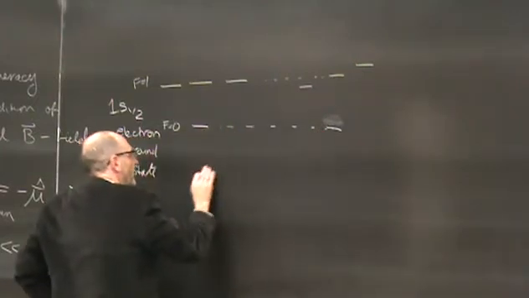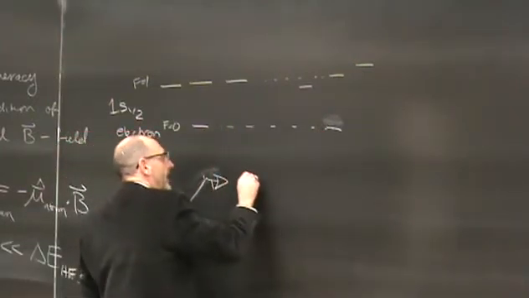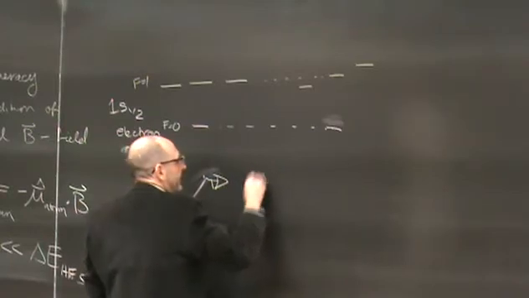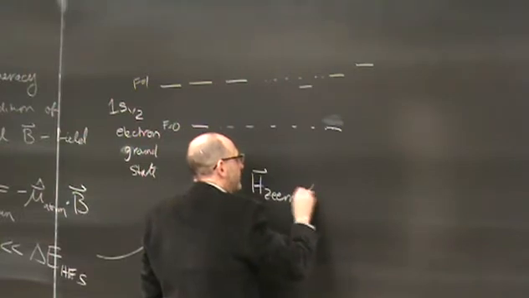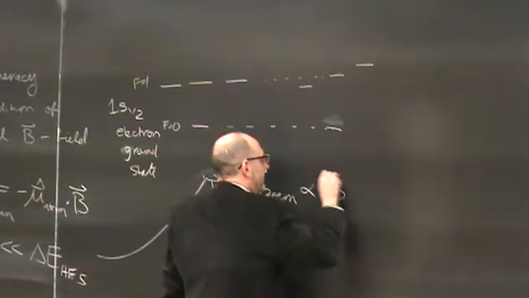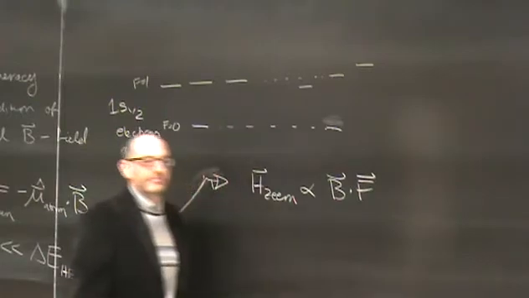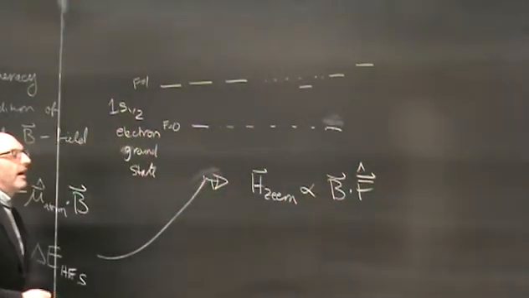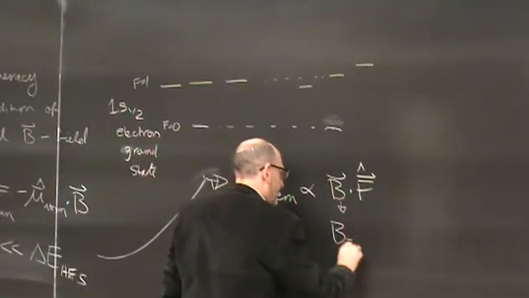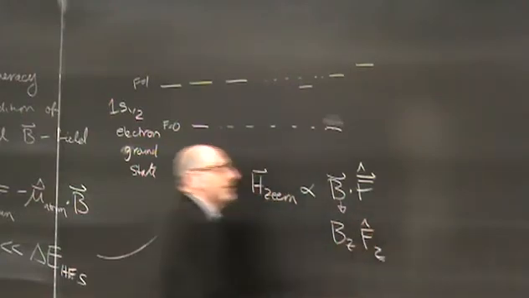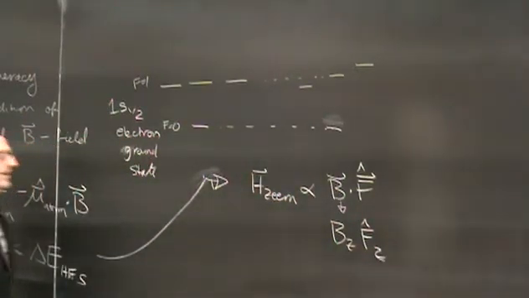In this limit, what you will show is that the Zeeman interaction is proportional to B dot F. In other words, if I call this the z direction, which is the natural thing to do, that defines what we call the quantization axis.